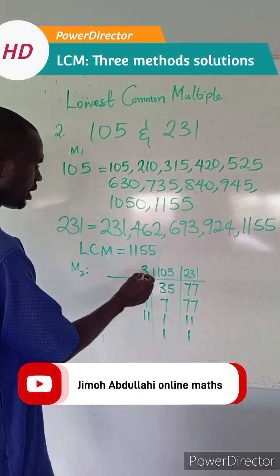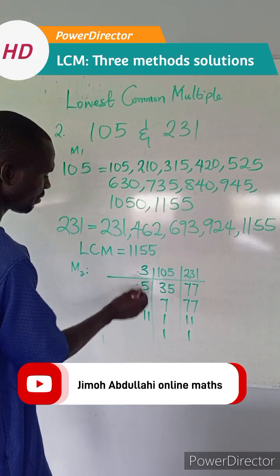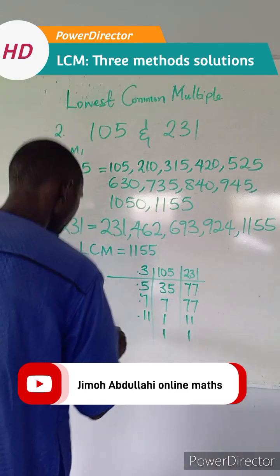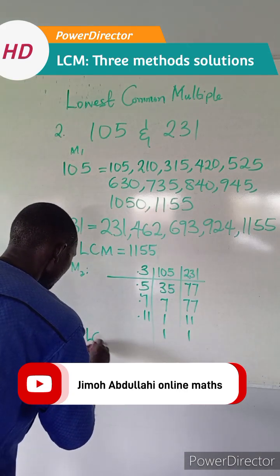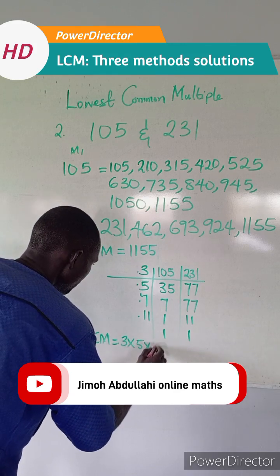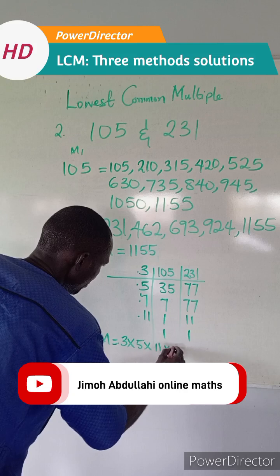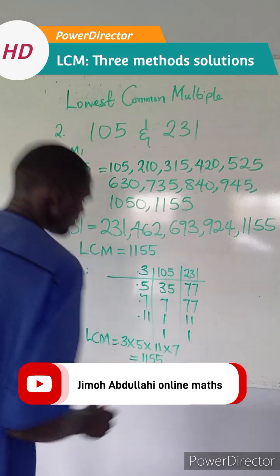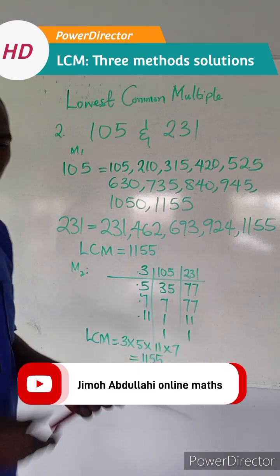So now the LCM is 3 times 5 times 7 times 11. So which will give us what? LCM equals 3 times 5 times 11 times 7. That will give us the same answer, 1155. That's the second method.